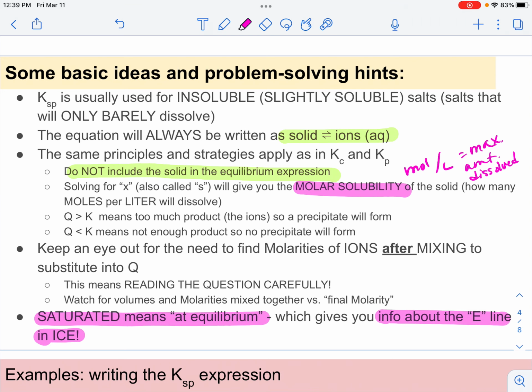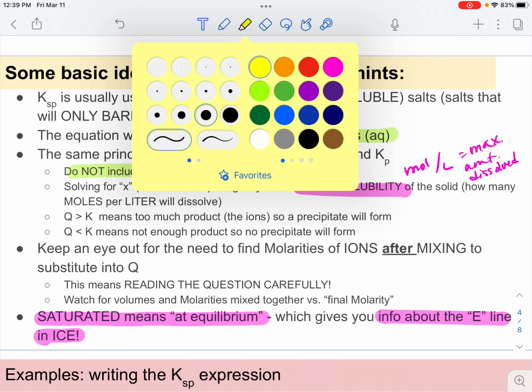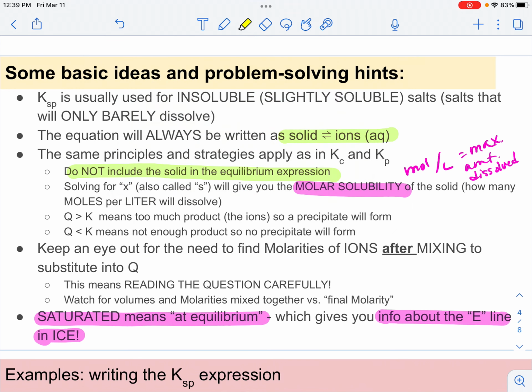Okay. We can still use Q versus K as well. We can solve for Q the same way that we would in KC or KP by substituting in the concentrations. It's always concentrations in this case, but by substituting in the concentrations of the ions after they're mixed, but before they do anything.